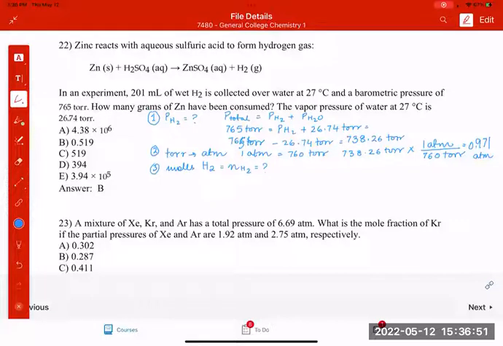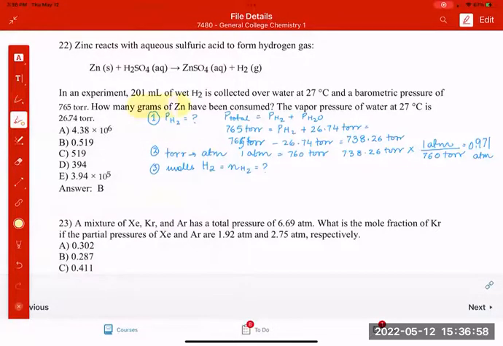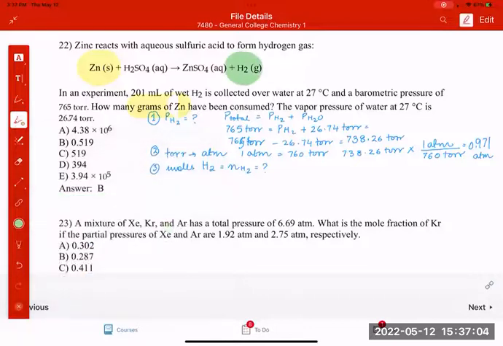The question is asking us to find the grams of zinc, and here we are given all the information about hydrogen. So if we know how many moles of hydrogen we have, we can find the moles of zinc using a conversion factor, and then from the moles of zinc we convert to grams of zinc.